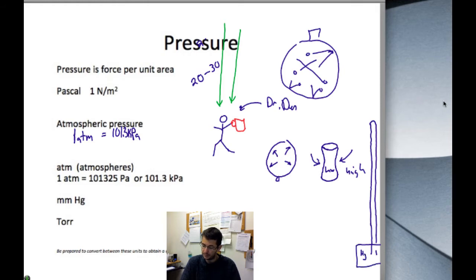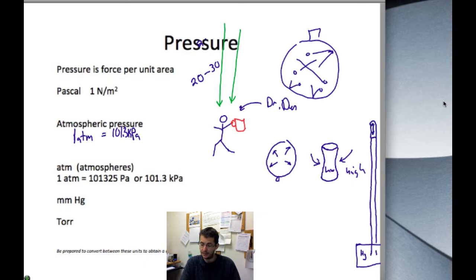Now, mercury is a liquid, it flows quite readily, but if you fill a glass tube with mercury, and the tube is long enough, and you fill it completely up, and then you upend it into mercury, the mercury will sag and create a small partial vacuum above the mercury.